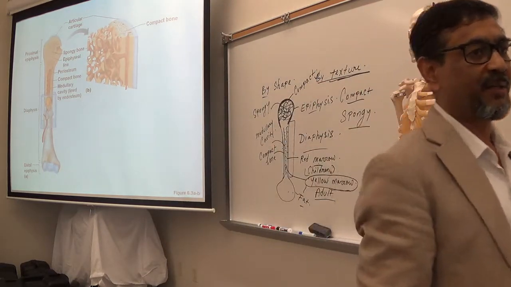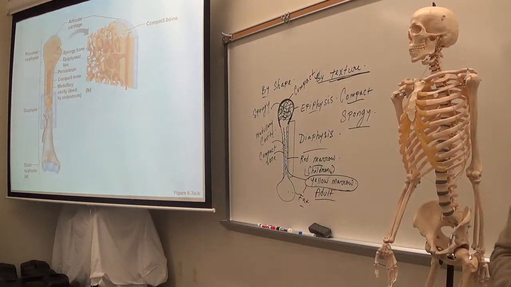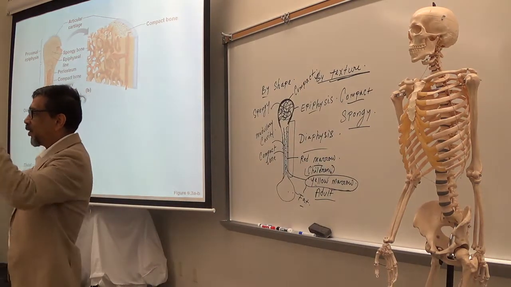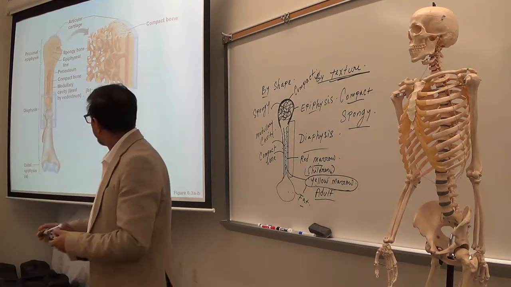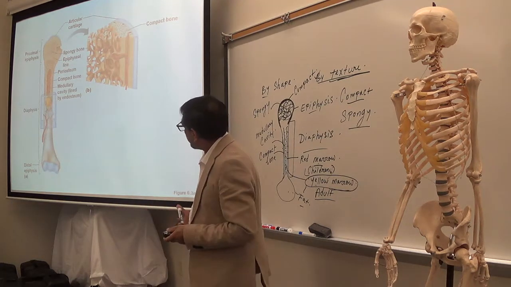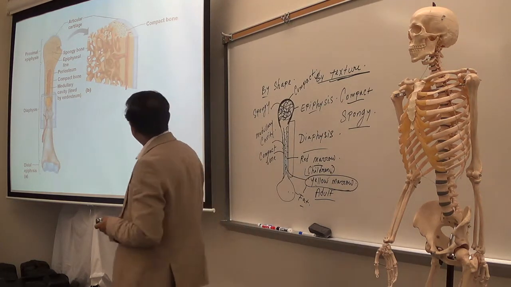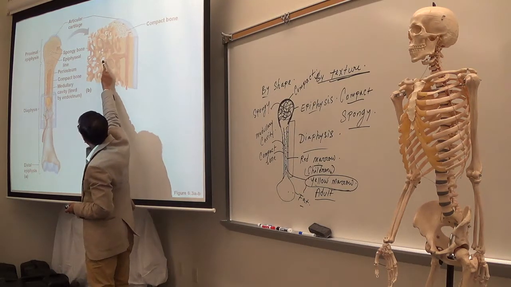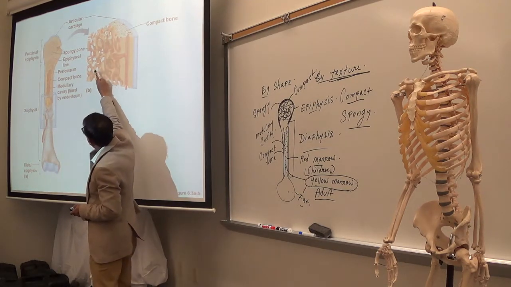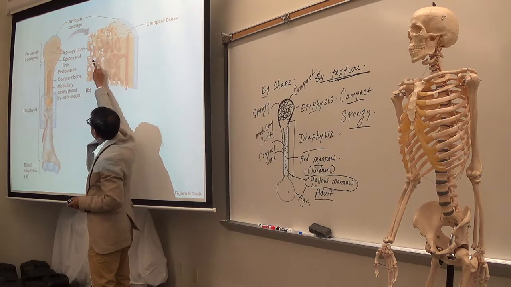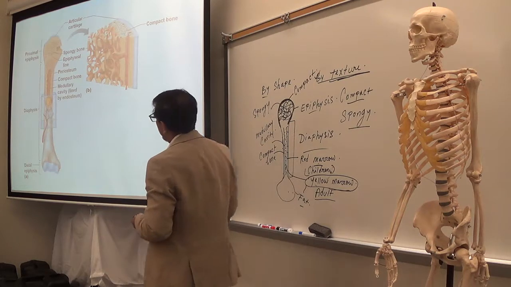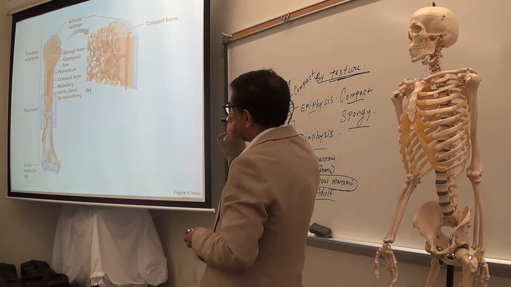So in adults, you have yellow bone marrow in the medullary cavity, but at the ends, always red bone marrow. Okay, so these are trabeculae inside the spongy bone, and you see a lot of spaces inside the spongy bone. Inside the compact bone, you don't have those spaces, okay?